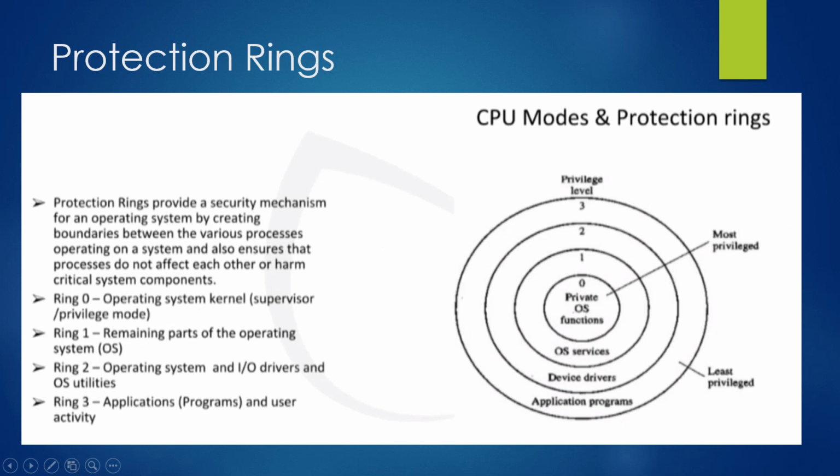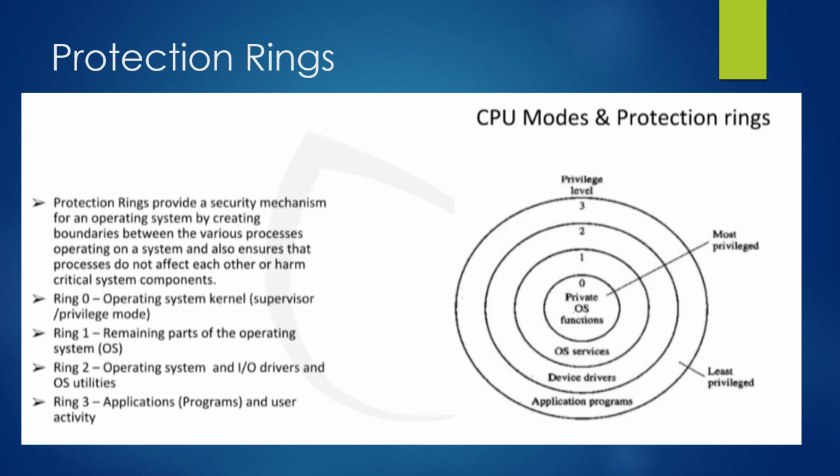Let's elaborate on this a bit. What are protection rings? Protection rings provide a security mechanism for an operating system by creating boundaries between various processes operating on a system and also ensure that processes do not affect each other or harm critical system components.